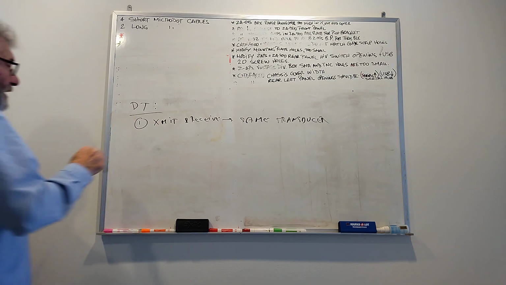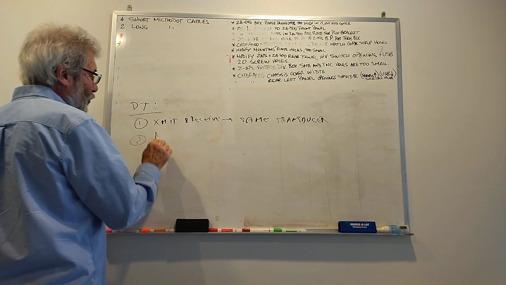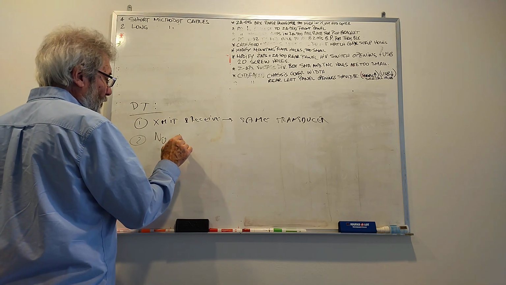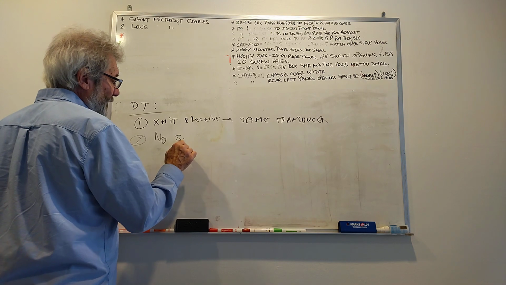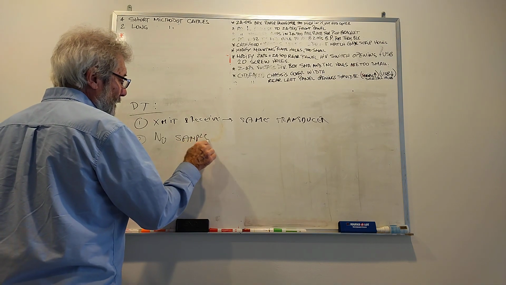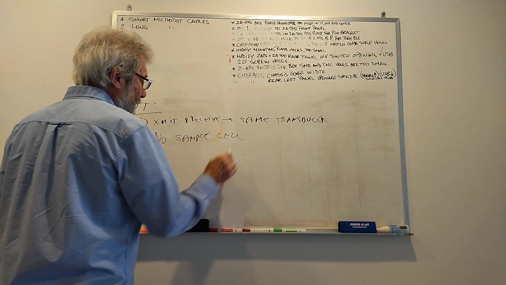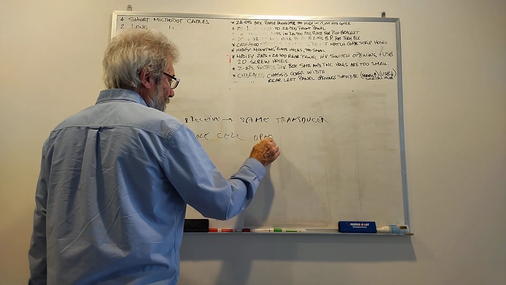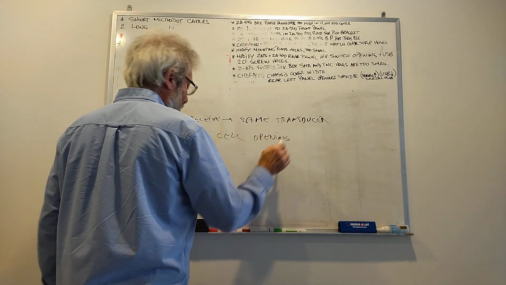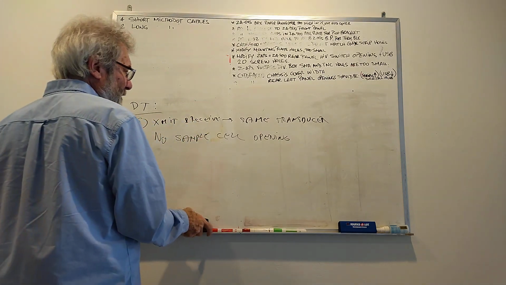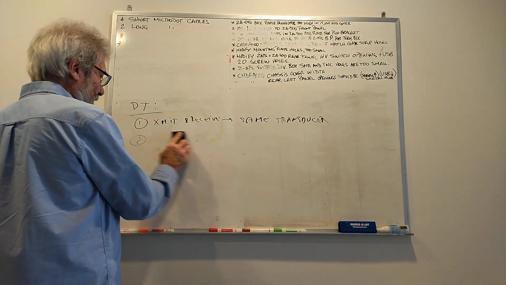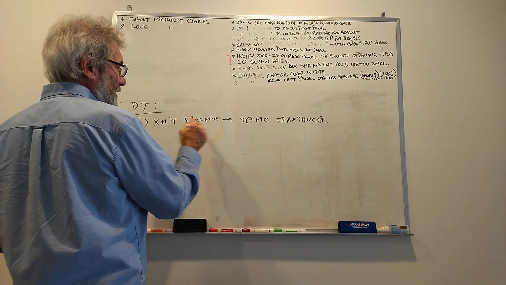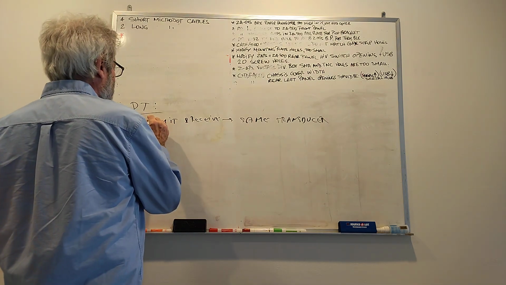So that's very important. Second is no transducer, no sample cell opening for transducer. Or let me rephrase that. Transmit and receive, so it's a mass, right?